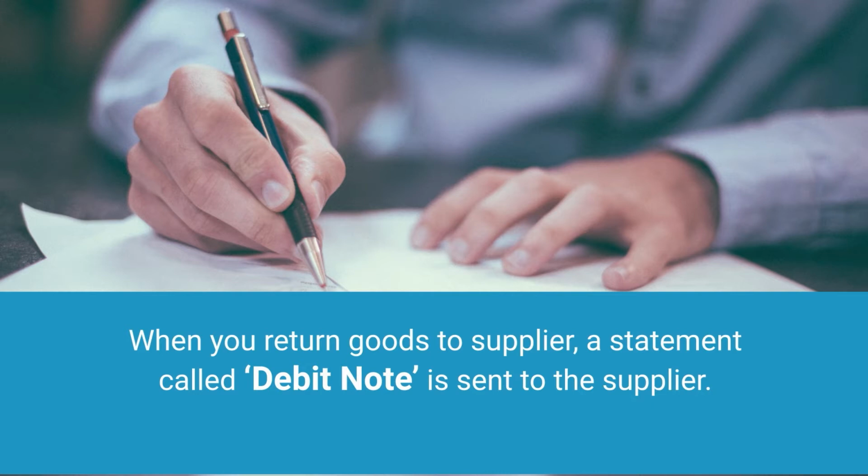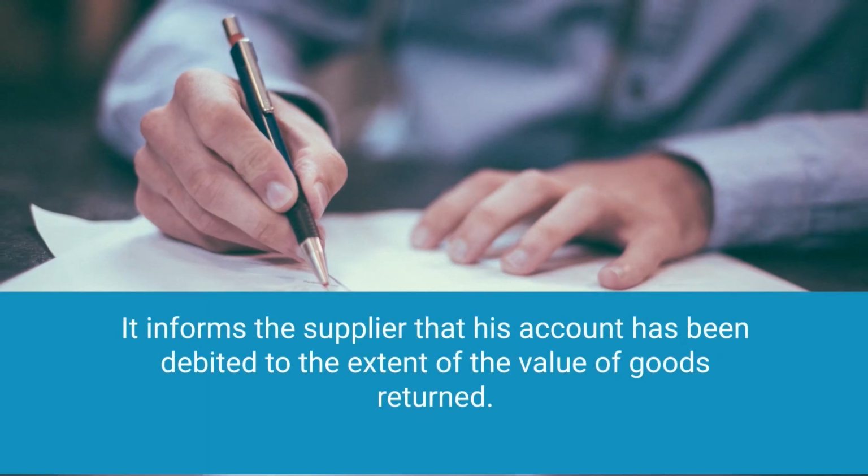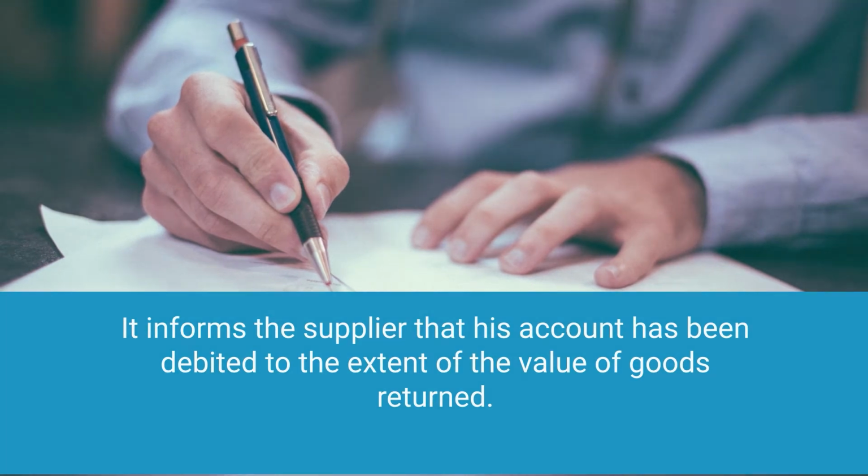It means the buyer writes the debit note, and the buyer sends the debit note to the supplier when he returns the goods. It informs the supplier that his account has been debited to the extent of the value of goods returned.